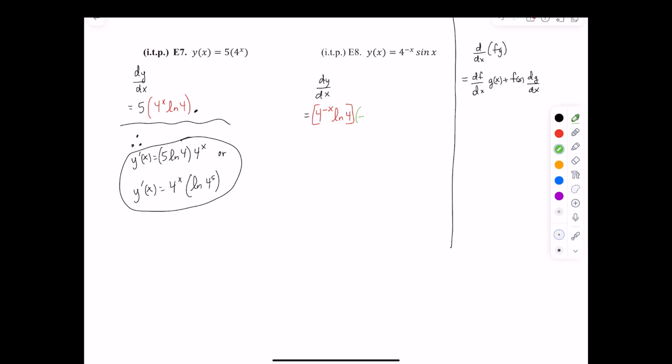So this -1 will conclude the chain rule there. And derivative sine of x is simply cosine of x. Ready to simplify this and write this in prime notation.